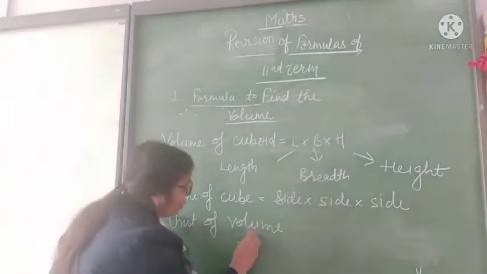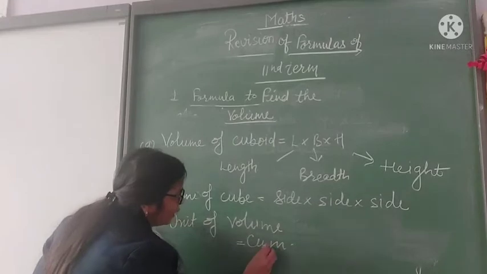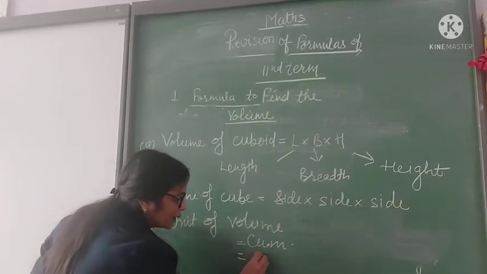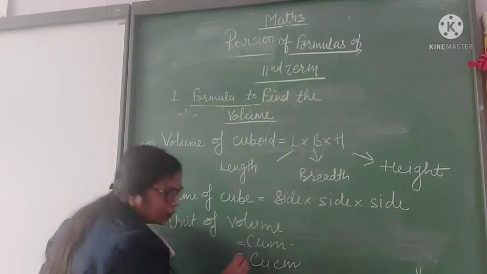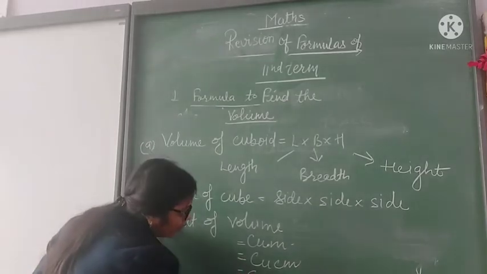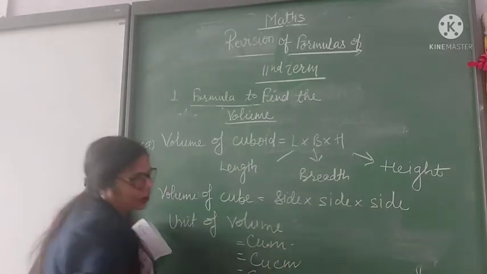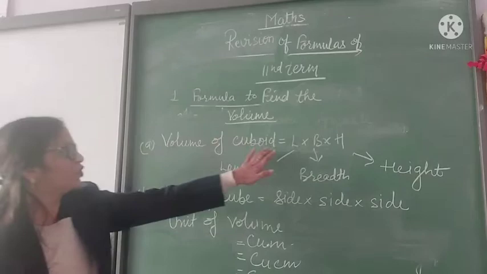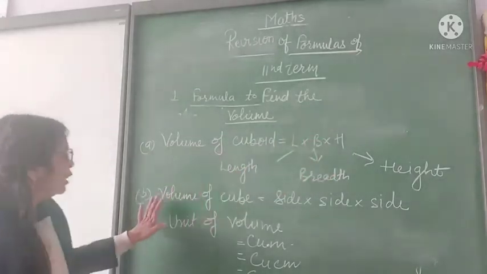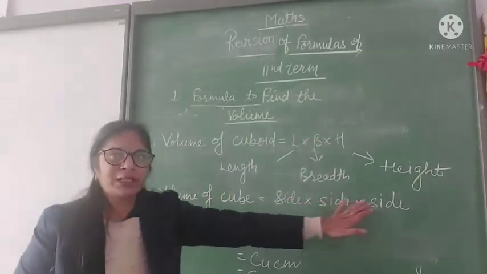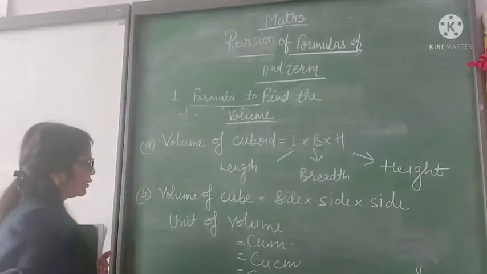If it is given in centimeter, cubic centimeter. If it is given in millimeter, cubic millimeter. So here we find the volume of cuboid L into B into H, volume of cube side into side into side, and these are the formulas.